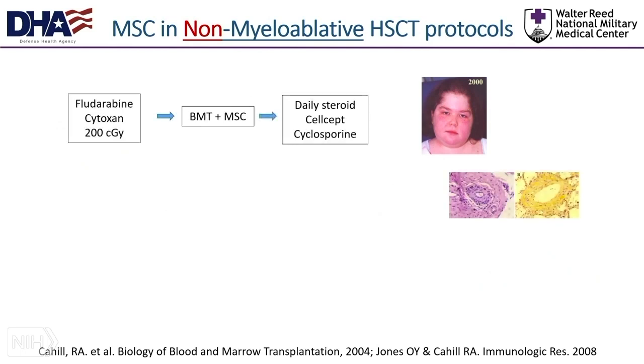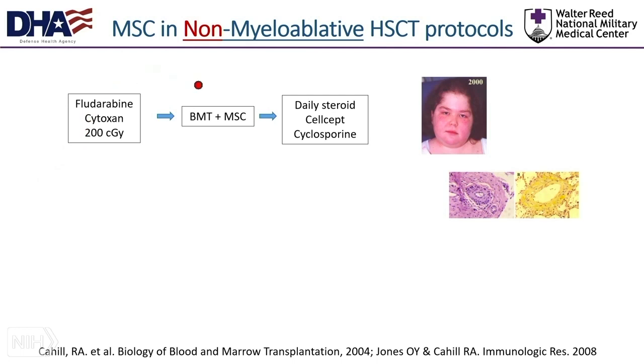This is the patient that we treated in 2000 with non-myeloablative bone marrow transplant with crude, non-fractionated bone marrow sample. The child got fludarabine, Cytoxan, and low-dose total body radiation.